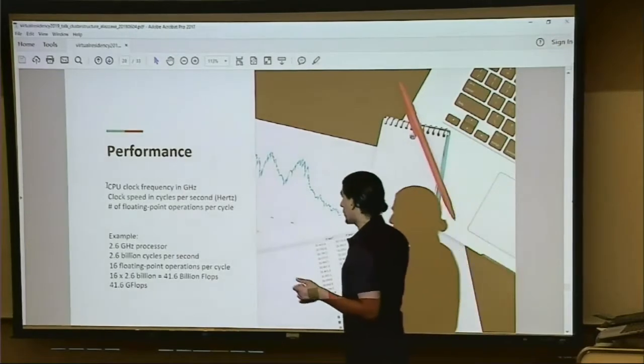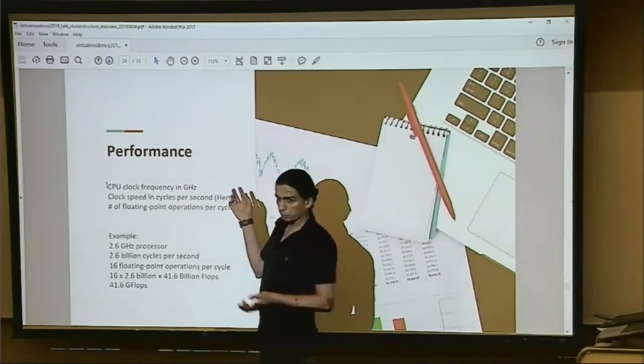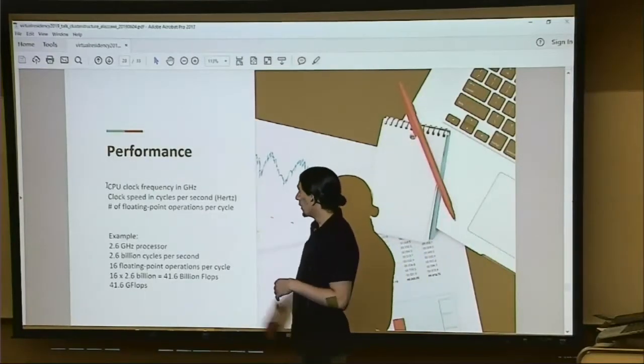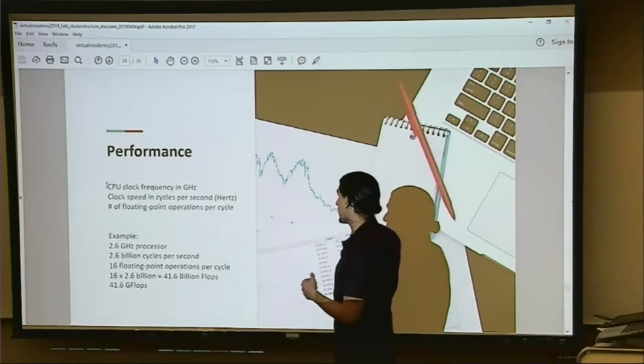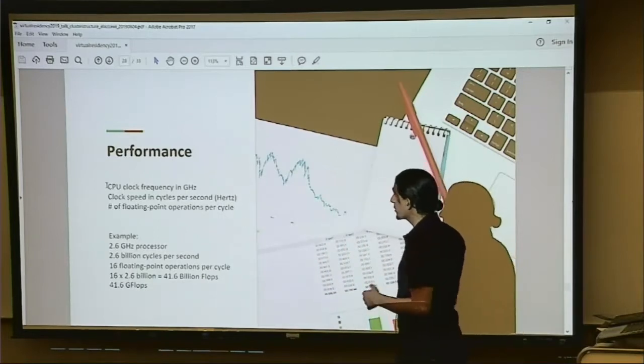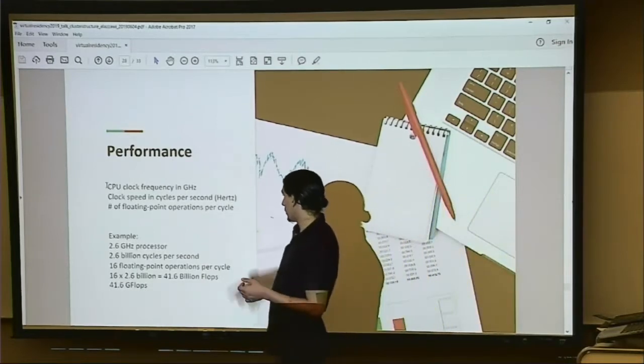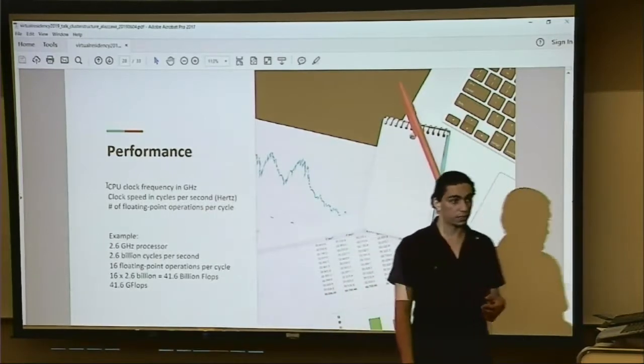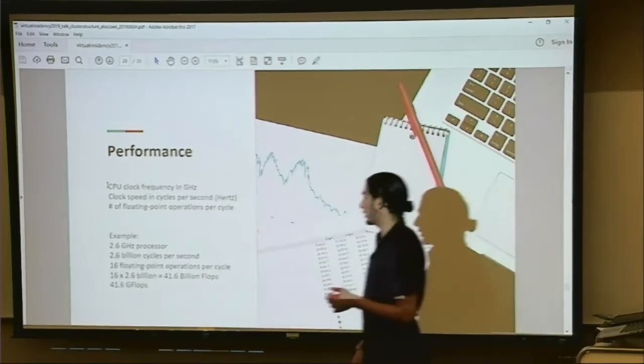So CPU clock, we are talking about frequency. So when you buy a new processor, it will be something like 2 point something gigahertz. And then the clock speed in cycles will be in seconds and hertz. Number of floating point operations per cycle, that's how you measure your HPC system's performance.